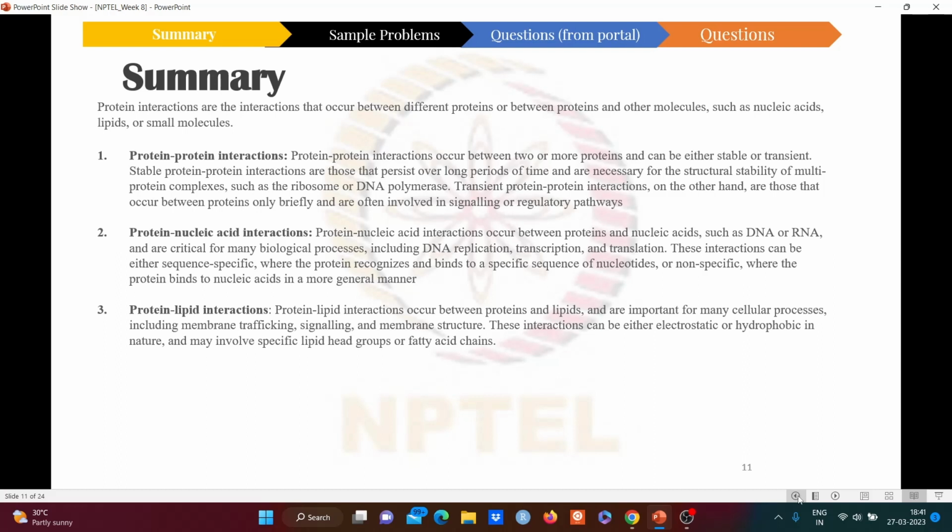These interactions can be either electrostatic or hydrophobic in nature and may involve specific lipid head groups or fatty acid chains. Examples include the interaction between the GPCR rhodopsin and the lipid bilayer in the retina, and the interaction between the lipid anchored protein caveolin and the cholesterol rich lipid rafts in the plasma membrane.